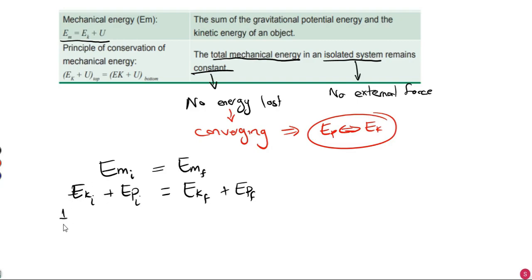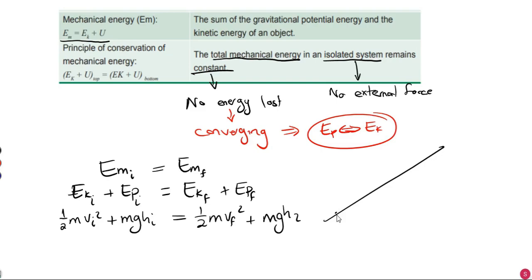So this is half mv squared, where v is the initial velocity at the initial point, plus mgh1, which equals half mv squared, but this is the final velocity at point 2, plus the gravitational potential energy, which is mgh2, right? So this is the principle itself. It says that the mechanical energy at point 1 is equal to the mechanical energy at point 2.